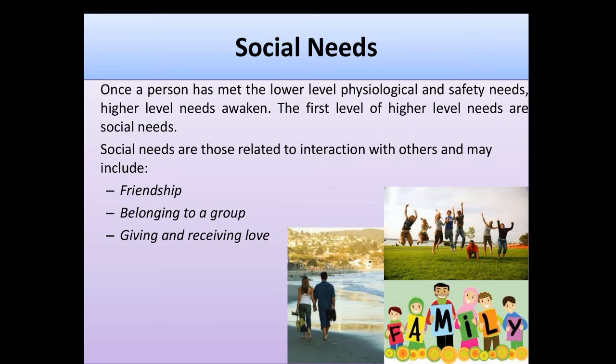Everything you will be looking for. Social needs are those related to interaction with others, including friendship, belonging to a group, and giving and receiving love with anybody, that is society.